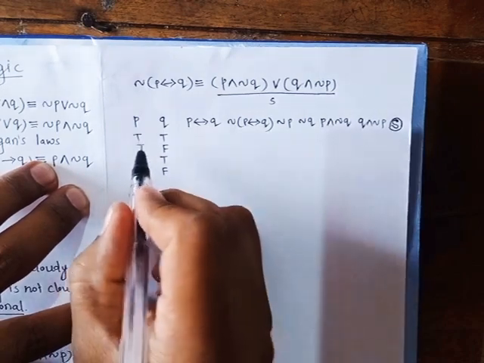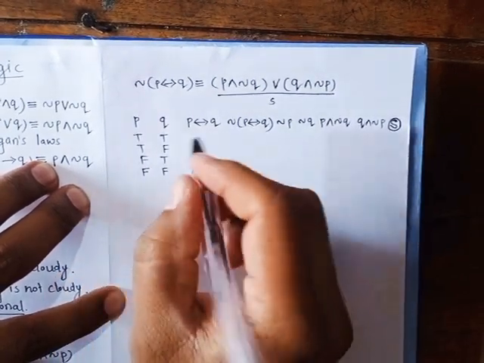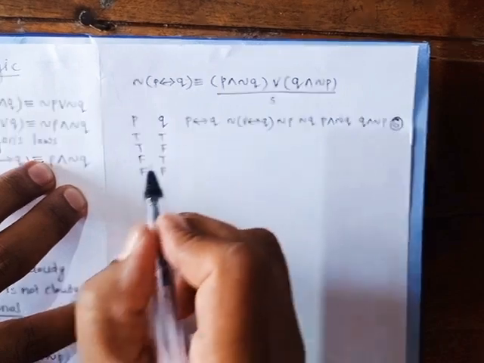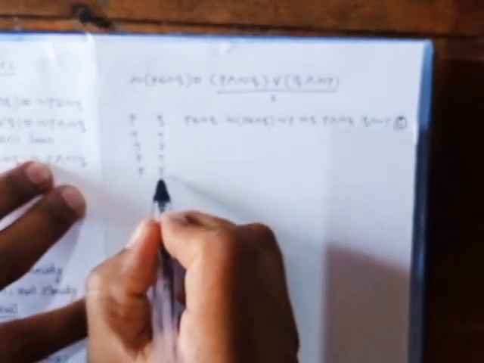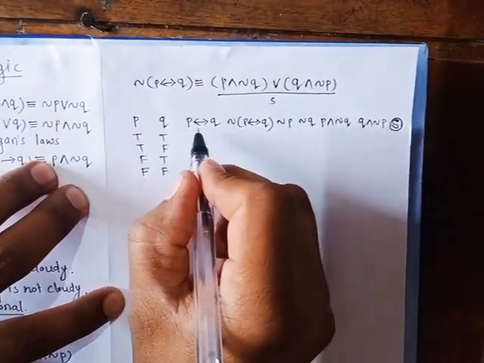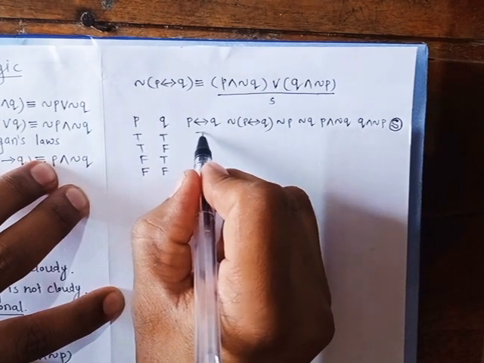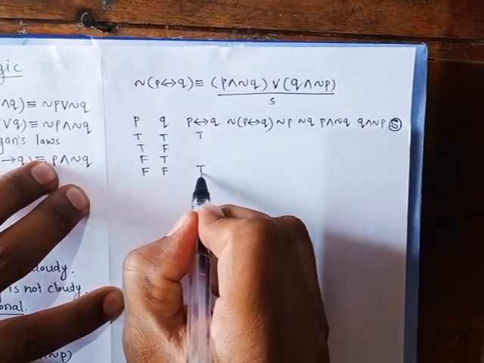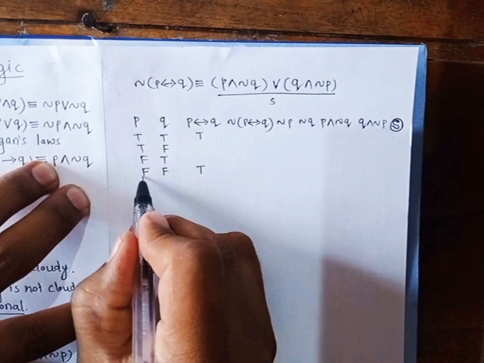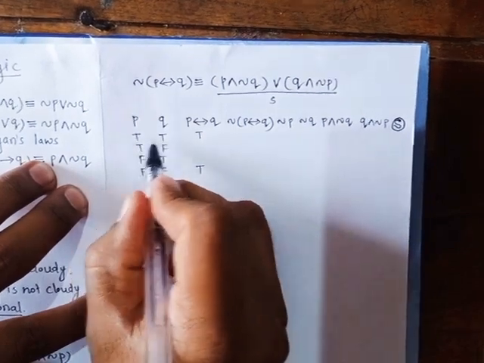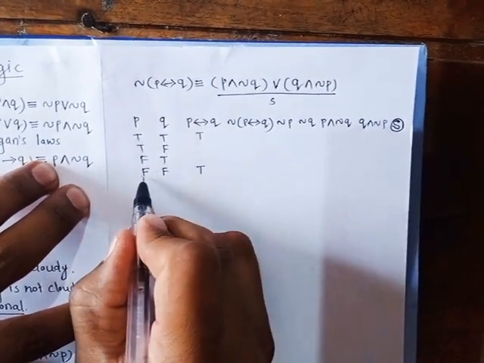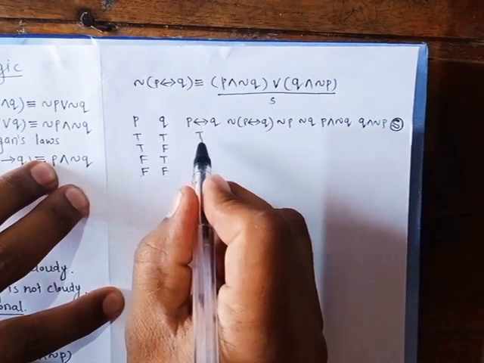When there are two statements, there are four possibilities. What is the rule for double implication? If both statements have the same truth value, whether both true or both false, then the biconditional is taken as true.